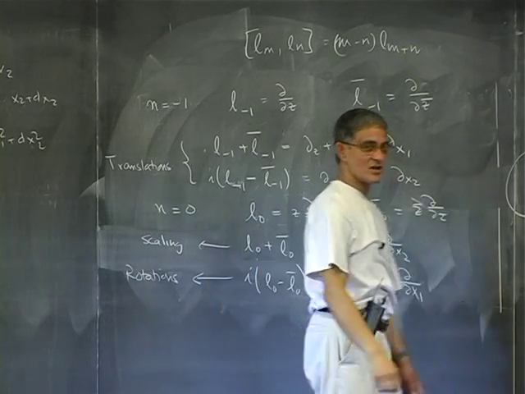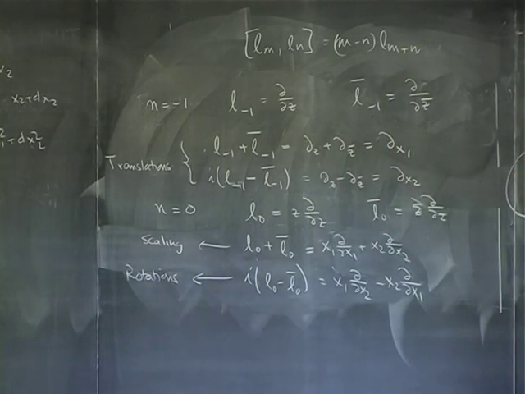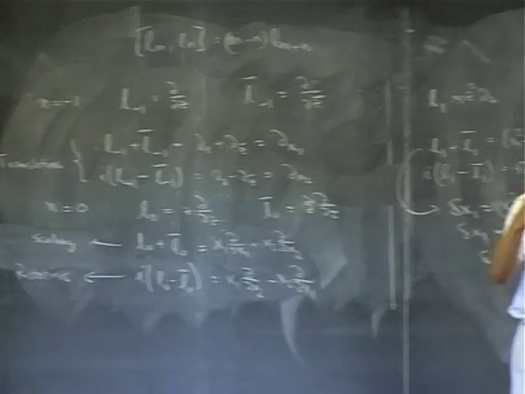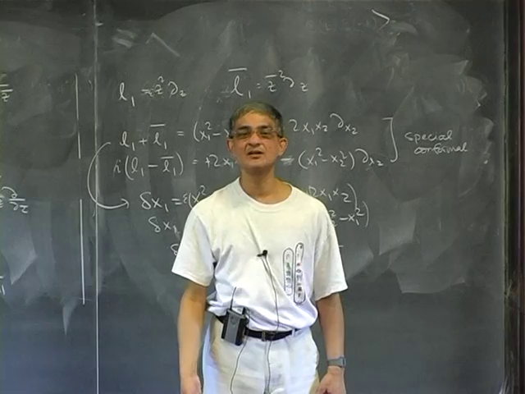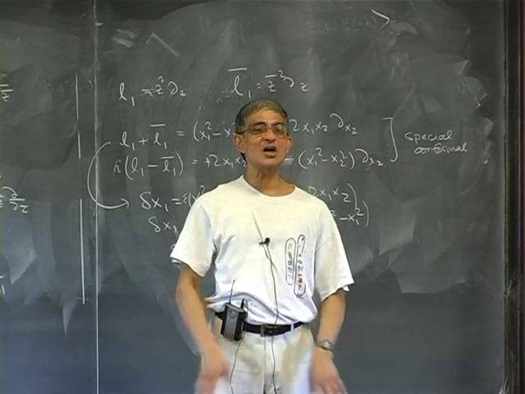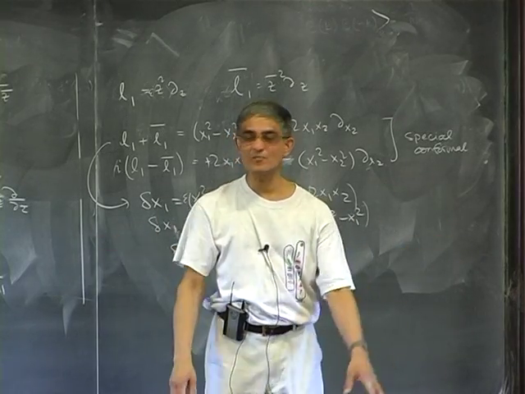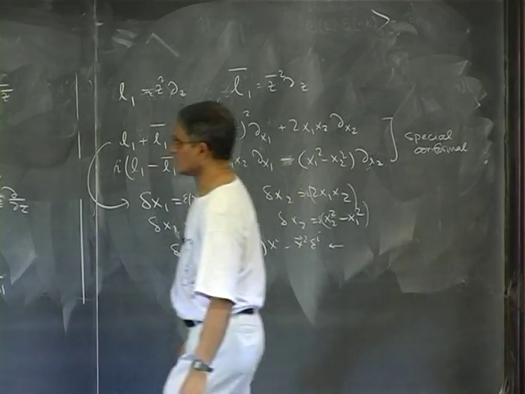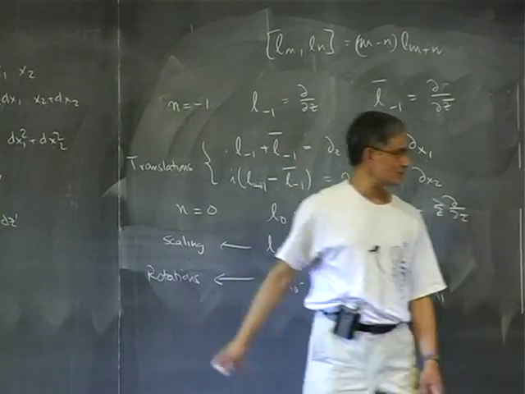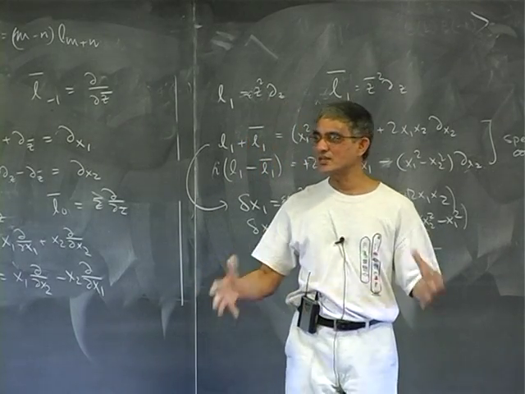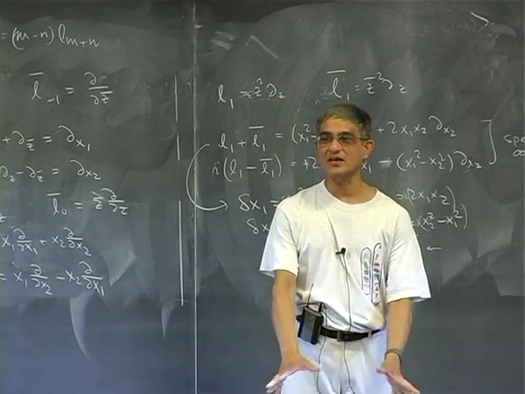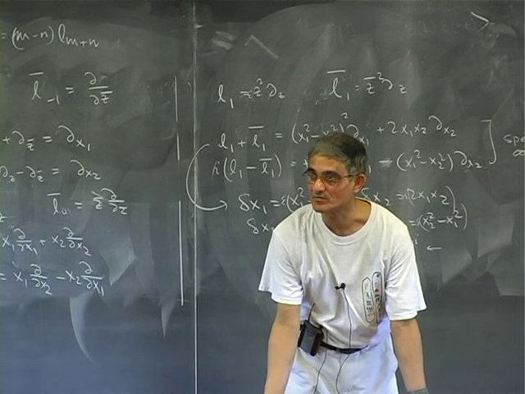This is the classical Virasoro algebra. What one finds is that if one goes beyond d equal to 2, like d equal to 3 or d equal to 4 and so on and so forth, there is no such infinite dimensional group, but translations, scaling, rotations and the special conformal transformations combine and form a single group which is called the conformal group, and that's it. It's a finite dimensional group.